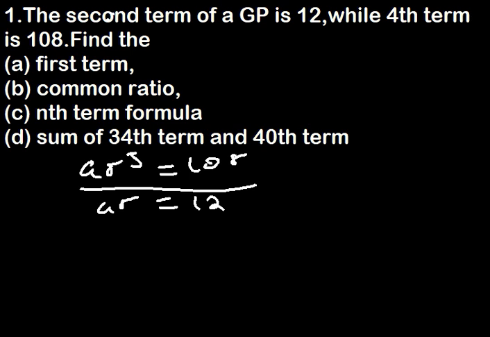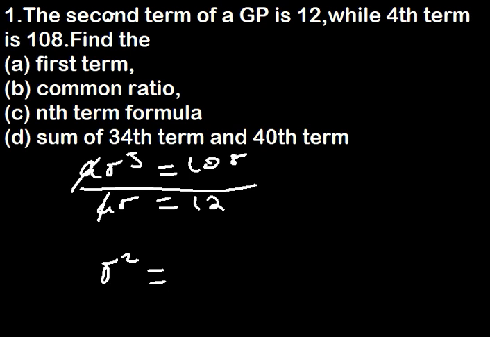So the first term and the first term will cancel. In this case, we have r to the power 2 is equal to, and what is 108 divided by 12? We have it as 9.